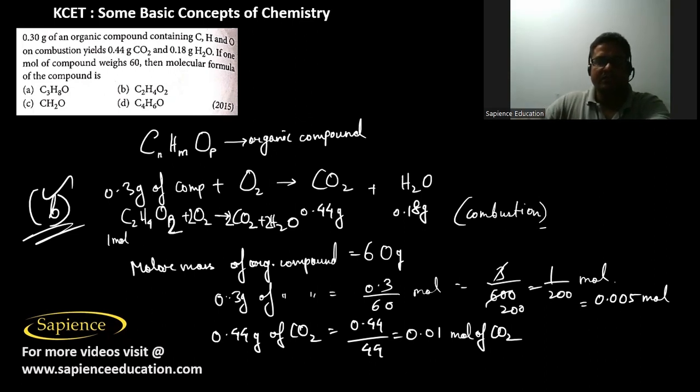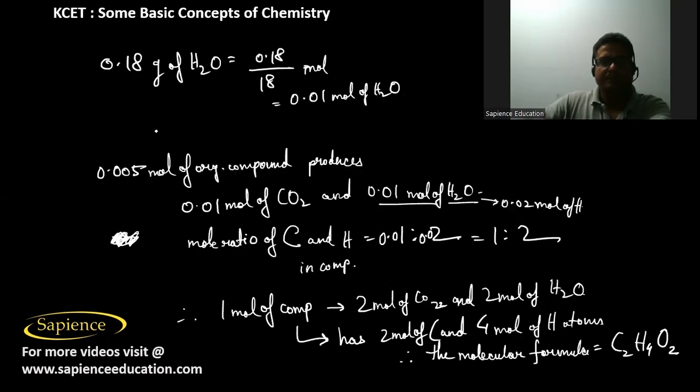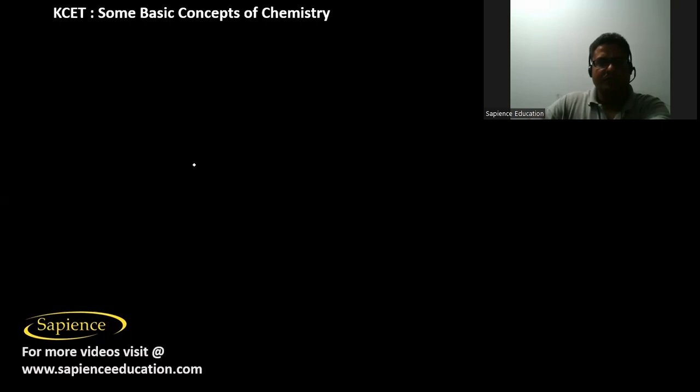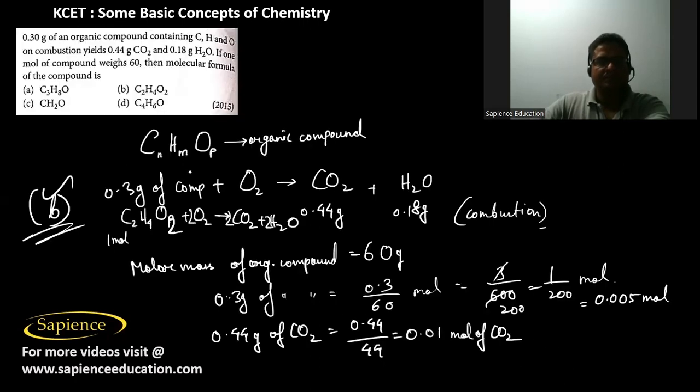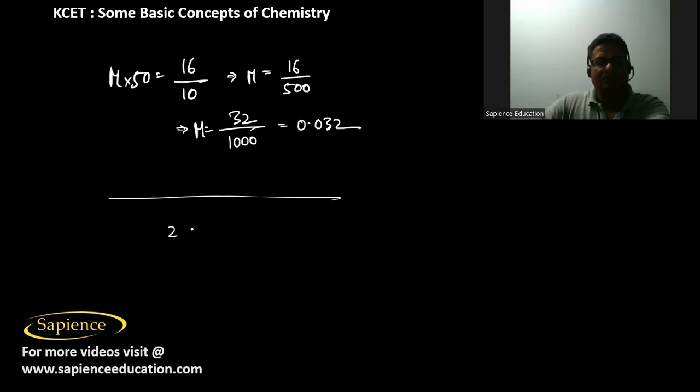And we can also find out by using the molecular weight. Suppose here we take 2 carbons. So we have C2H4 and OP.